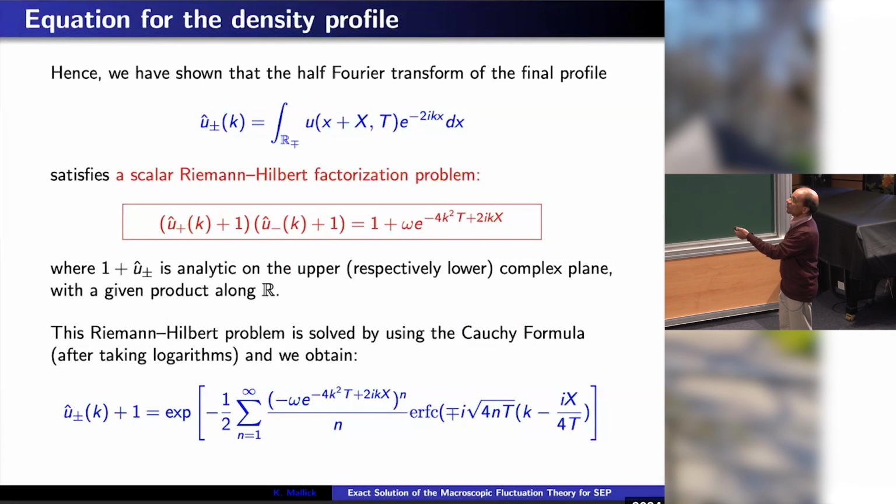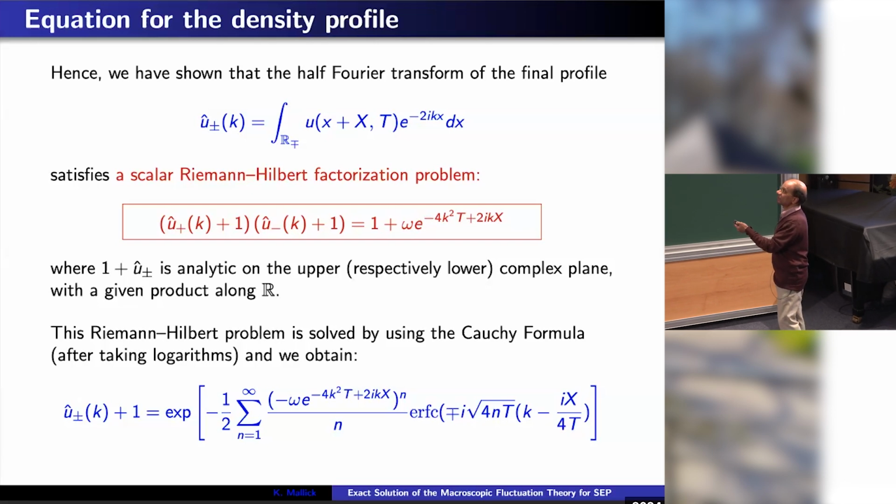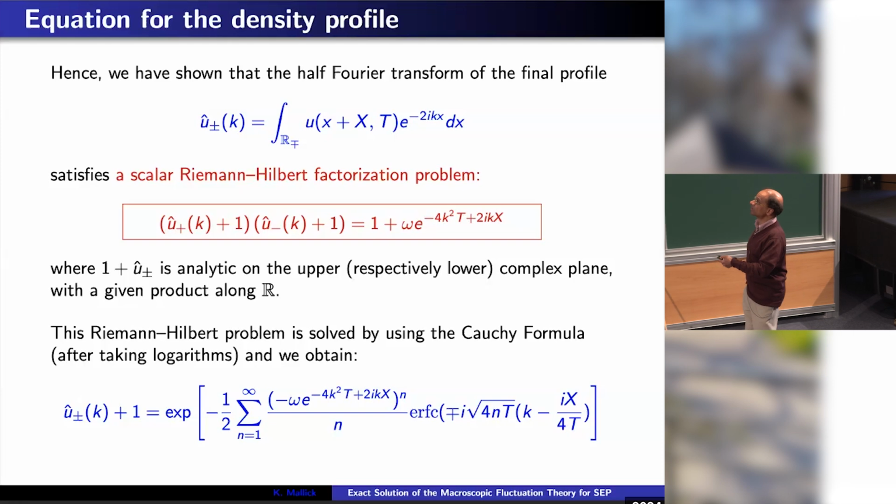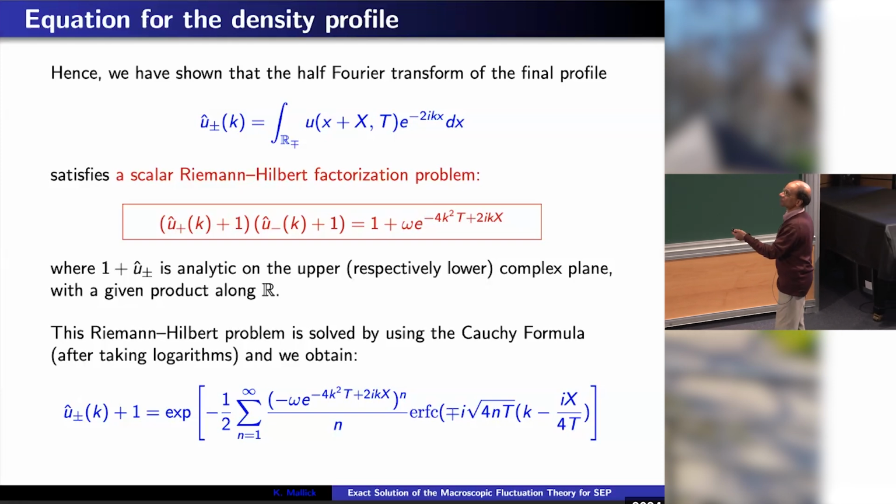That's the Fourier transform of my profile at final time. And everything in the end boils down to a Riemann-Hilbert factorization problem for the Fourier transform of my profile. So if I'm able to solve this Riemann-Hilbert factorization problem, so this is the positive part of the Fourier transform, which is analytic in the upper complex plane.